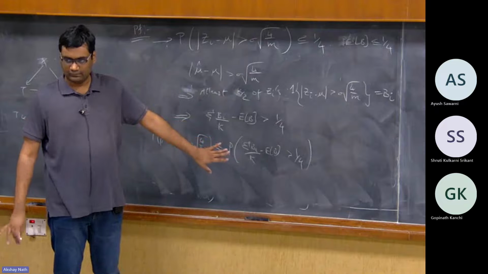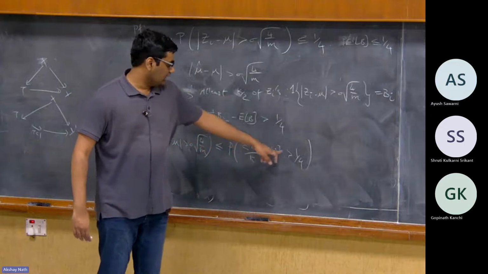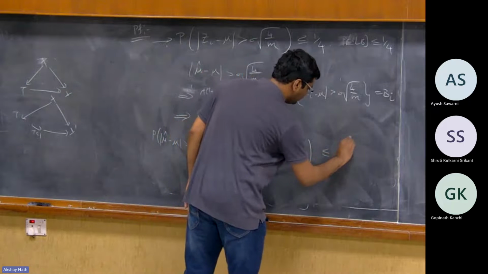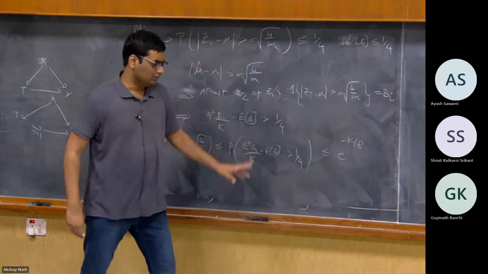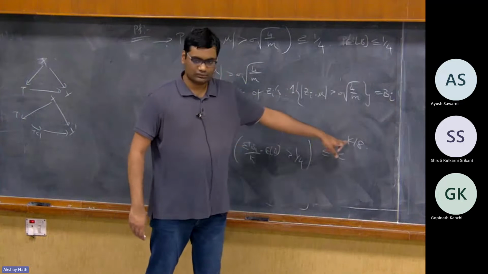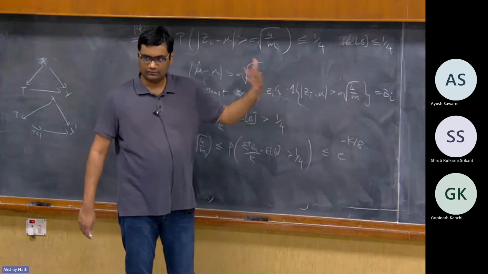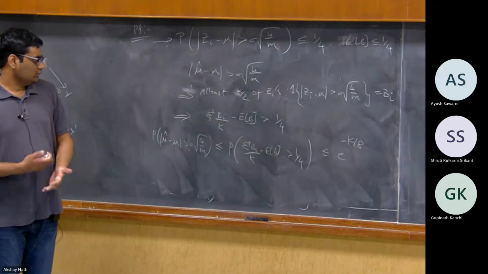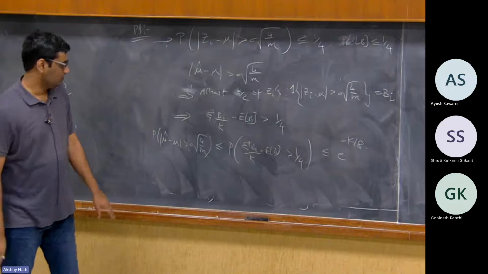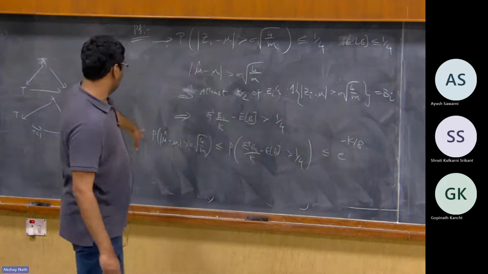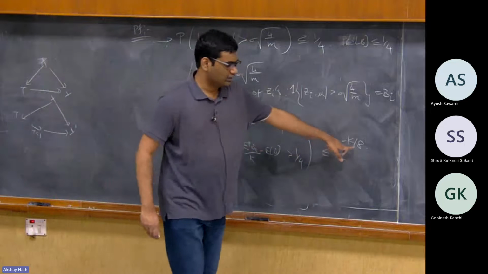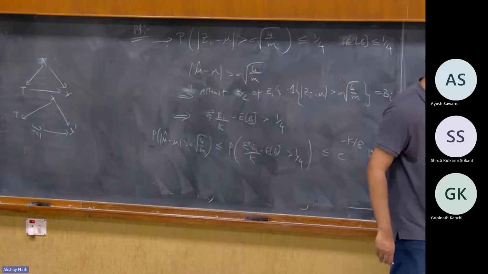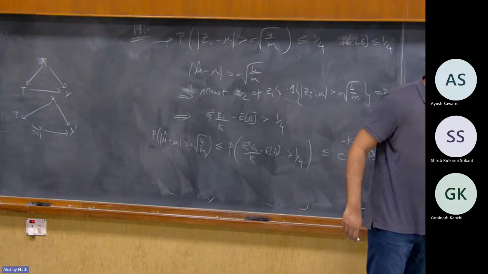This is all Bernoulli bounded variables. K of them are there, and I need a deviation of 1/4. If you work out the Hoeffding inequality, you will just get e to the minus k/8, because it will be 2k epsilon square. Epsilon square is 1/4 square, 16, 2 cancels, we get an 8. I am not doing all of that, but yeah. This is good. Now I've shown that the final probability is less than or equal to e to the minus k/8. This is what I wanted to show. You substitute k equal to 8 log 1/delta, then you get this.